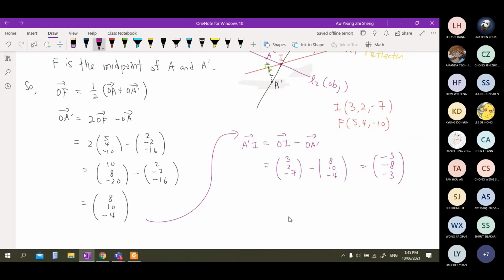But then we have enough information already to write down the vector equation.